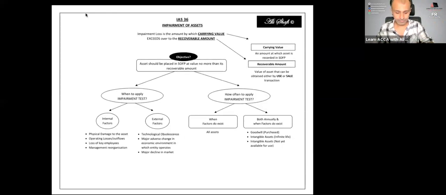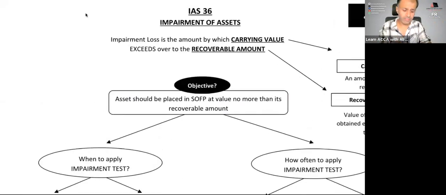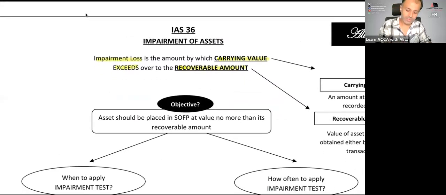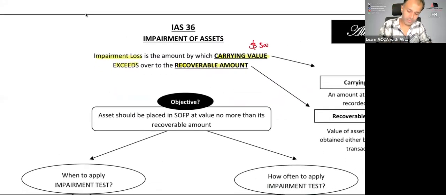Check this out. Impairment loss is the amount by which the carrying amount exceeds the recoverable amount. So the carrying amount was 500. The recoverable amount was 300. And this is by how far the excess has been found, which is called the loss of impairment.